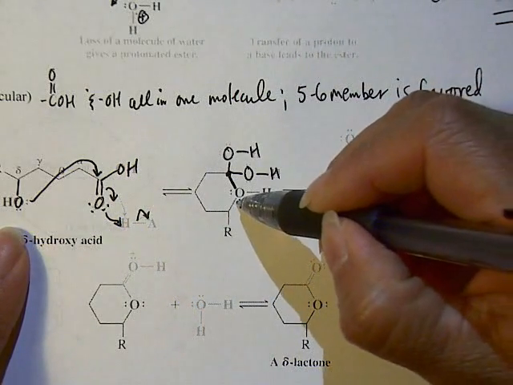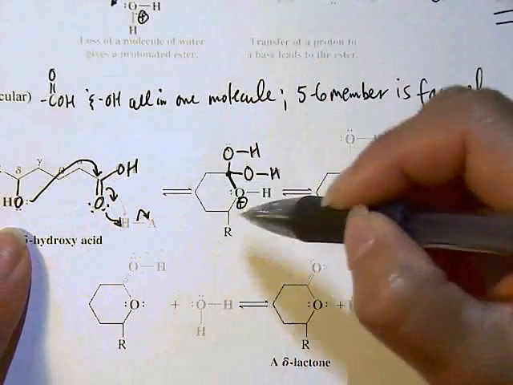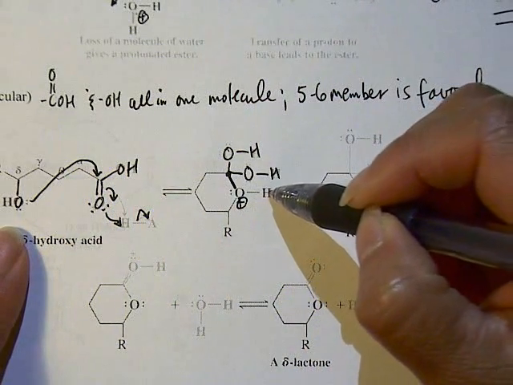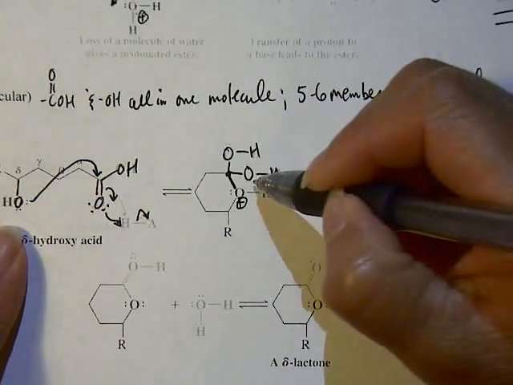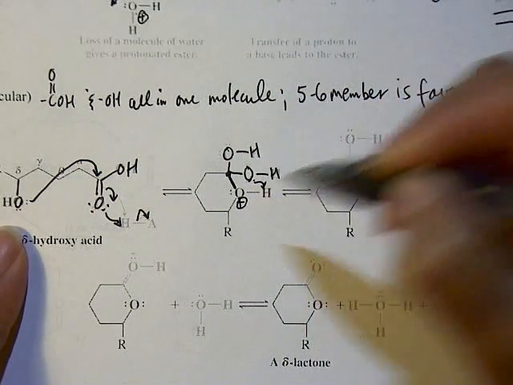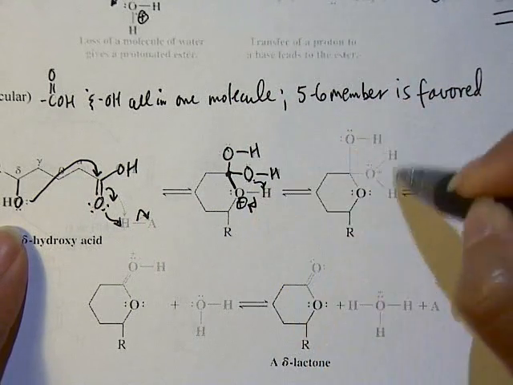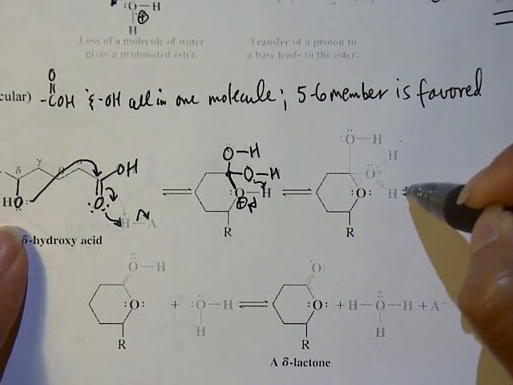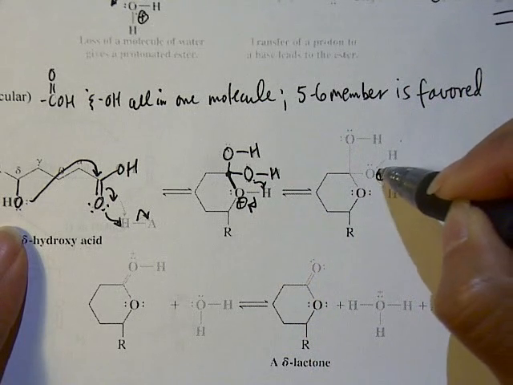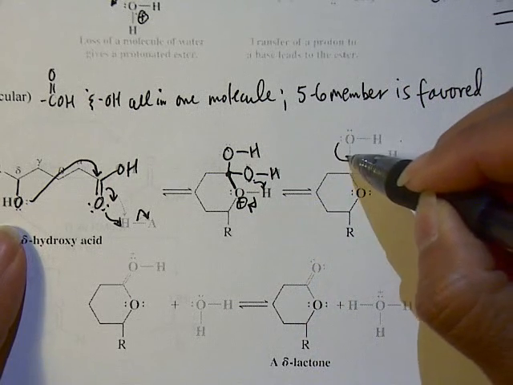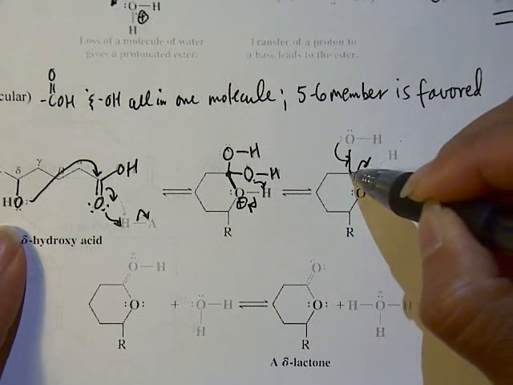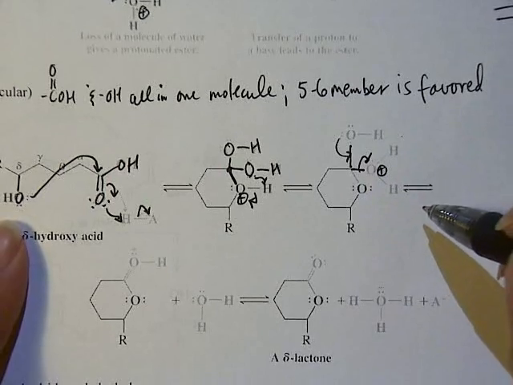So then this oxygen that it attacked with is going to have the plus charge because it's got the extra proton. Then you're going to have a proton transfer to form the water. So here's the plus charge on the oxygen, and then this pushes out the water.